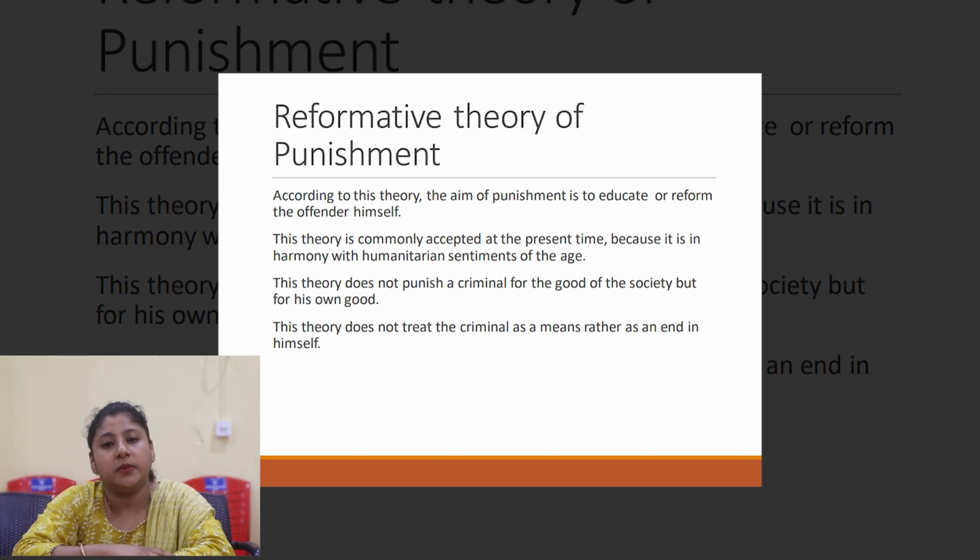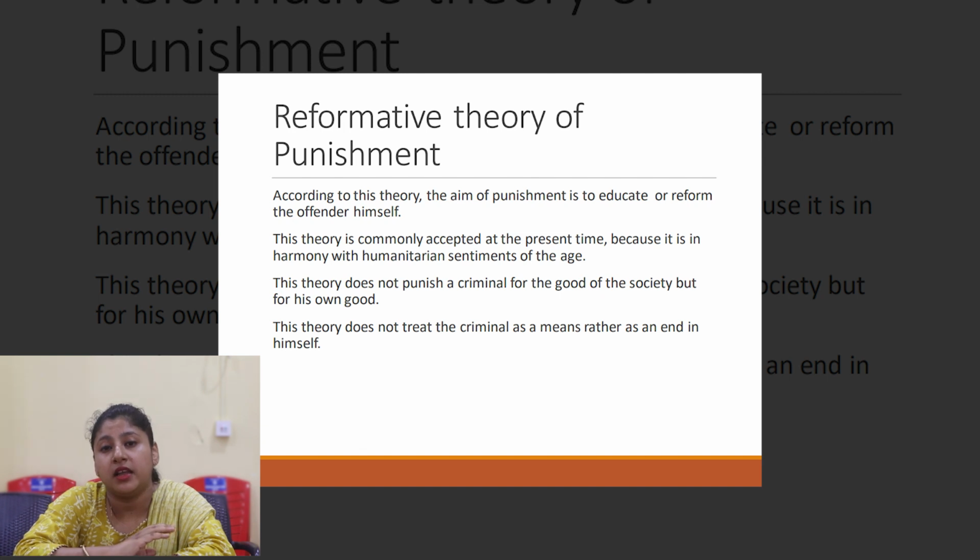This theory is commonly accepted at the present time because it is in harmony with the humanitarian sentiments of the age. This theory does not punish a criminal for the good of the society, but for his own good. This theory does not treat the criminal as a means, but as an end in himself. So the reformative theory of punishment gives a chance to the criminal.